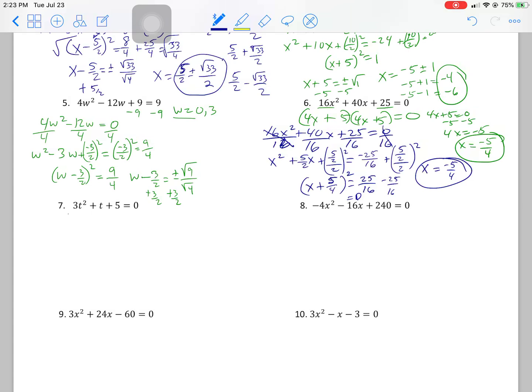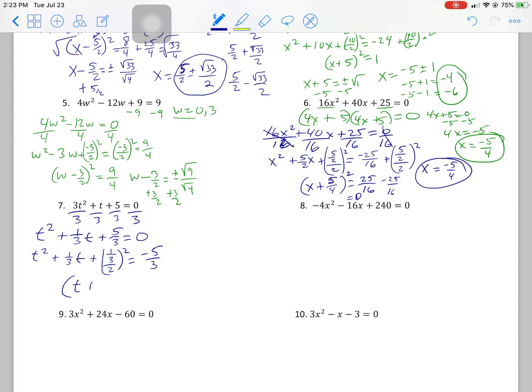Let's go back to, this one's not going to be pretty either. Really focus you on that rule. 0 divided by 3 is 0. All right, move to the other side. Plus 1/3 over 2 squared equals negative 5 over 3.